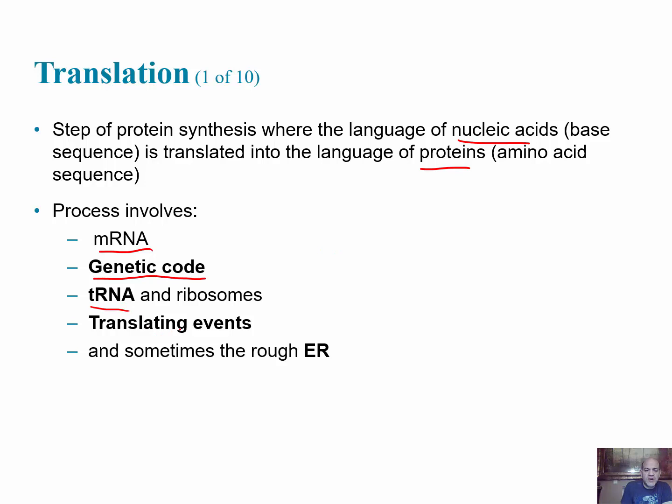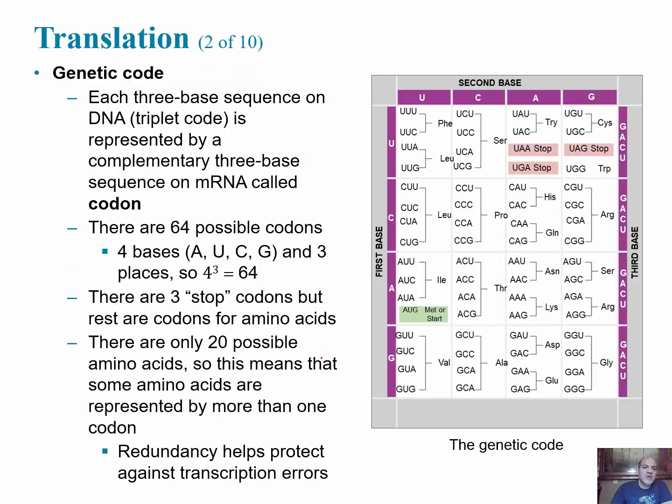We're going to need our transfer RNAs and our ribosomes. We're going to need those events that occur during translation. And sometimes if we're going to make protein for excretion, for example, this will be occurring in the rough endoplasmic reticulum.